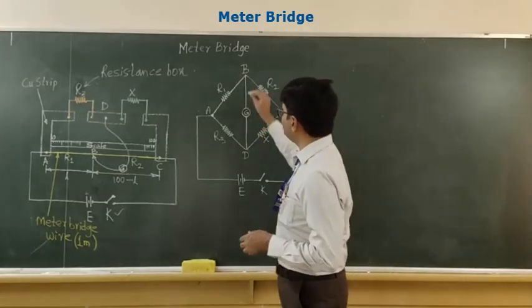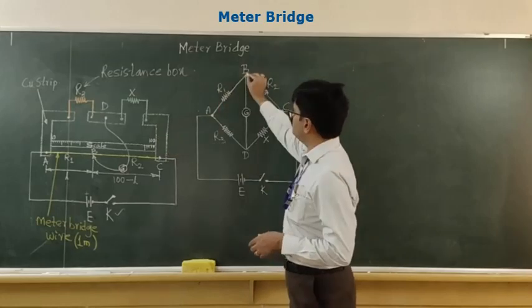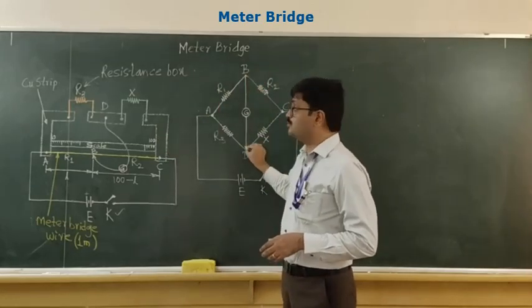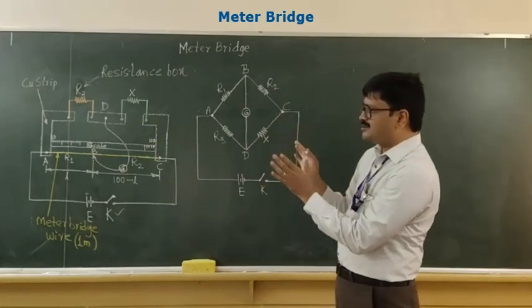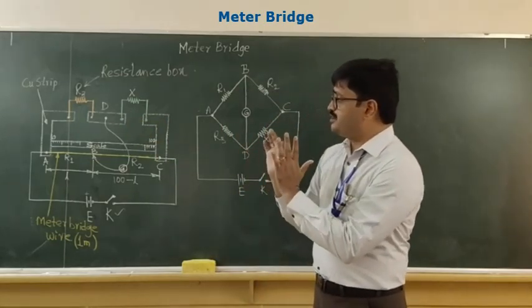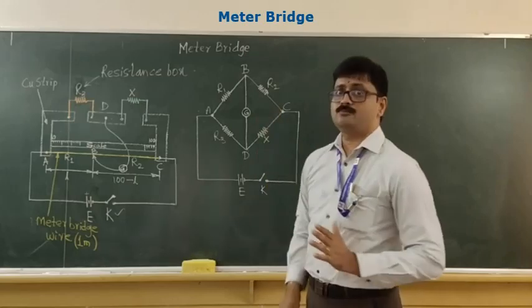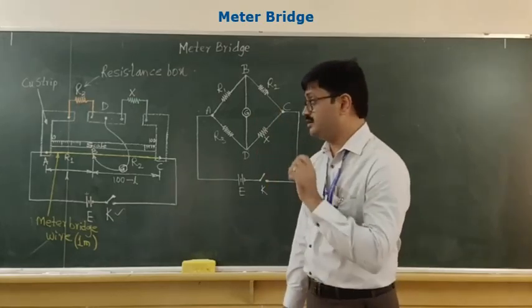So as you can notice, one end is connected to jockey B, and the other end is connected to the connector D here. Now this entire segment can be visualized as a Wheatstone bridge, as you can see over here.